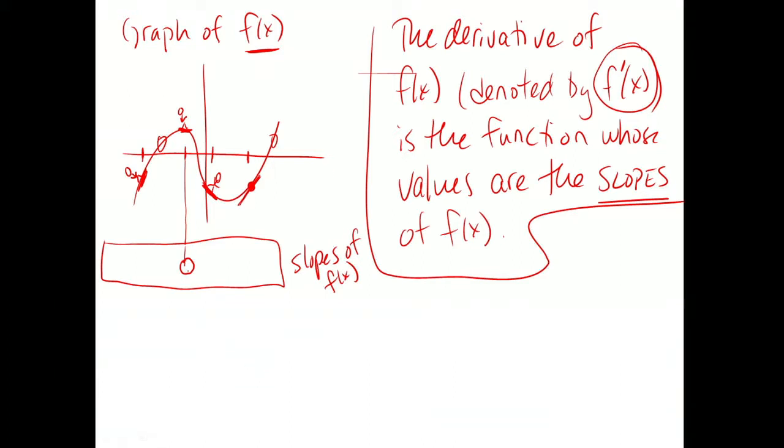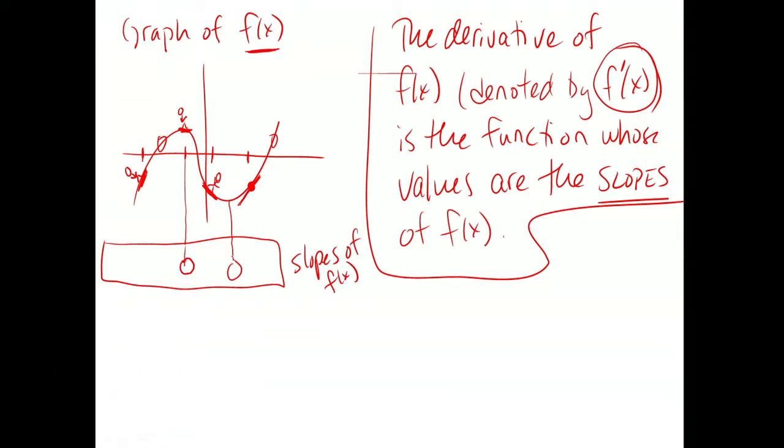I already picked off the one point where it's 0, and somewhere around here is another point where the slope is 0, because it looks pretty flat there. In that case, you're at the bottom of a valley. And in between these flat points, the slope is either always uphill or always downhill.